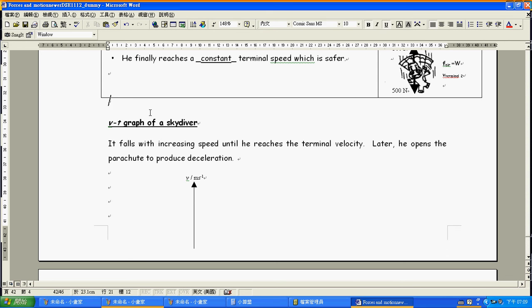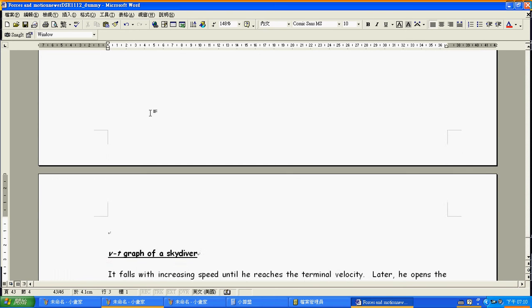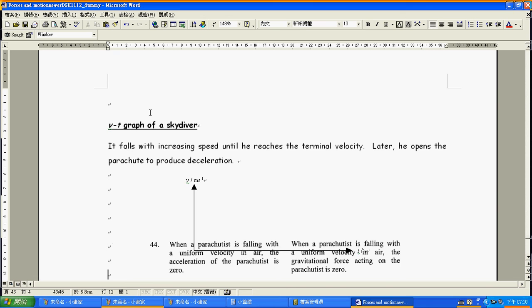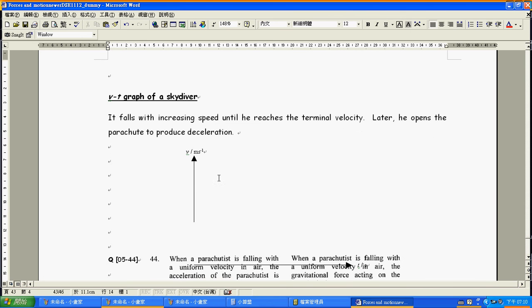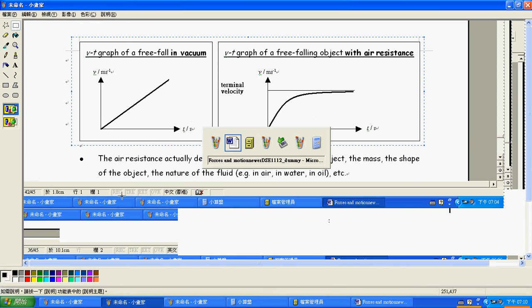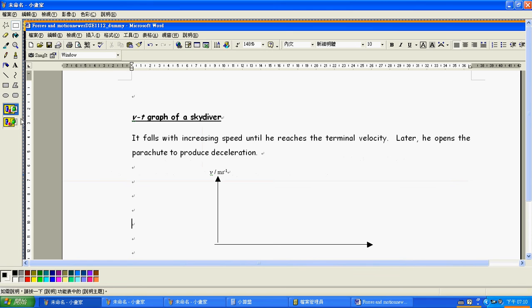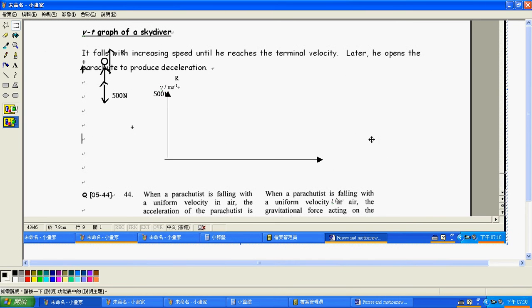So finally, let's look at the VT graph of a skydiver.